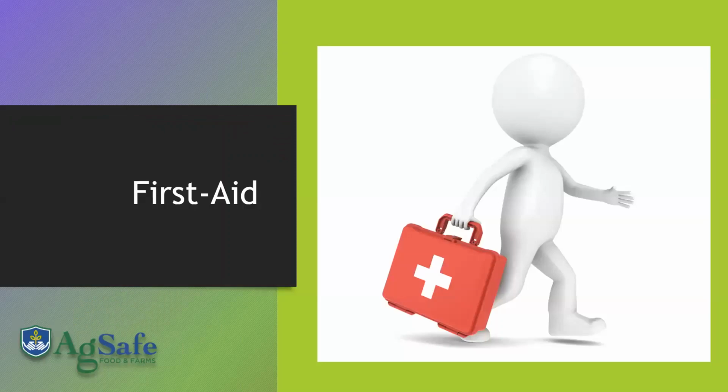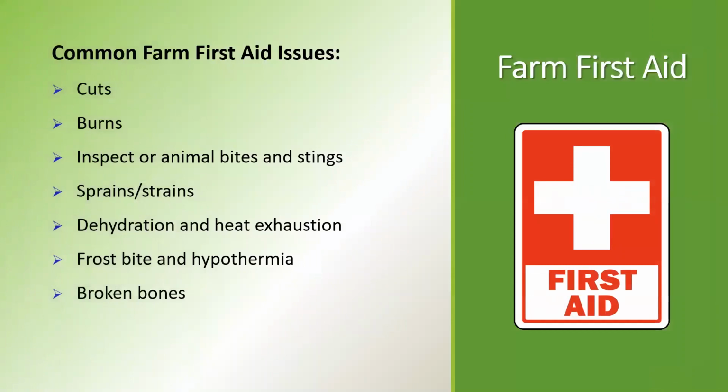Okay, first aid. All a part of emergency planning is knowing and being prepared for common first aid issues. Something simple that you can address quickly without having a first responder help you, like a simple cut or a burn. Some other common things that happen on the farm: animal or insect bites or stings, sprains and strains, dehydration and heat exhaustion, frostbite and hypothermia, depending on where you are in the country, and broken bones.